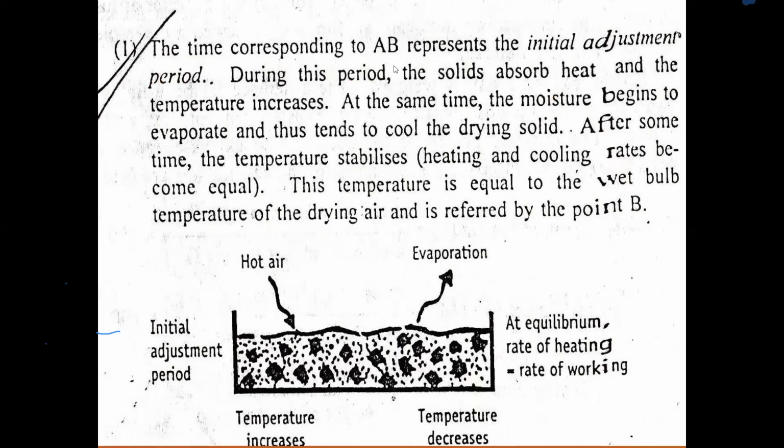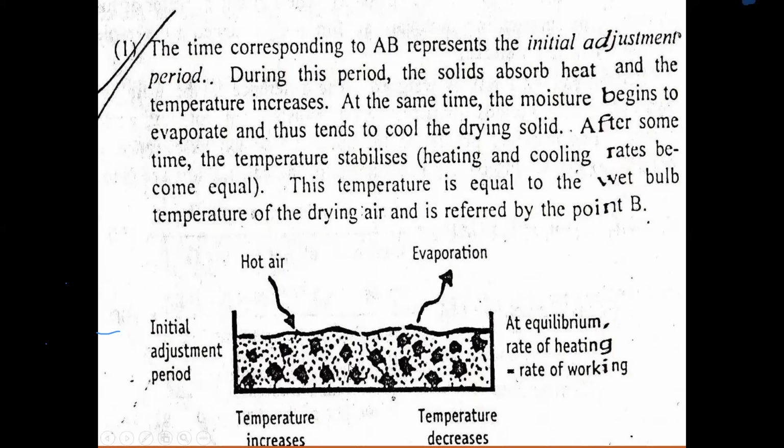So from A to B, which is represented as the initial adjustment period, what will happen during that period? The hot air is passing over the wet solids, and the solid absorbs that heat energy and its temperature increases.